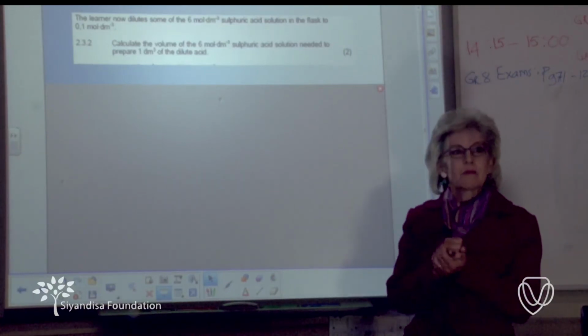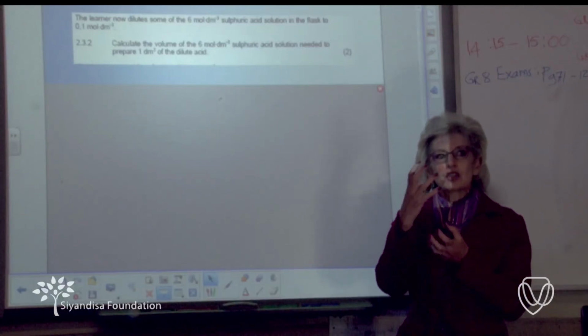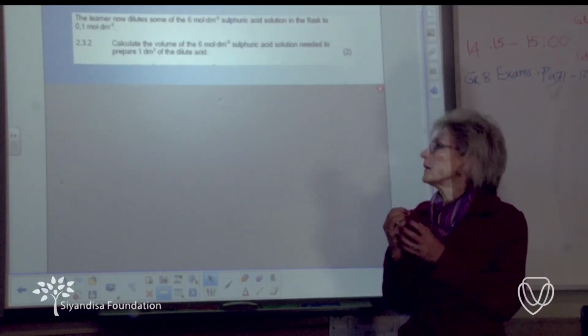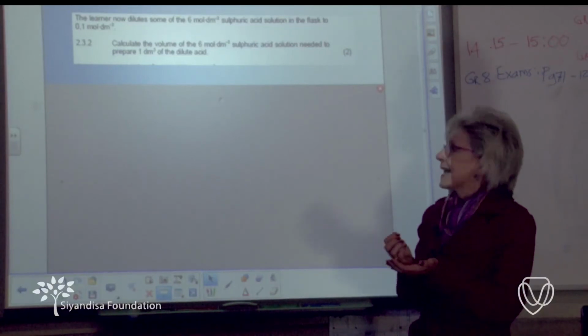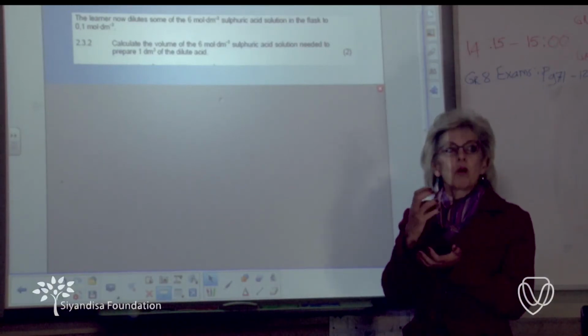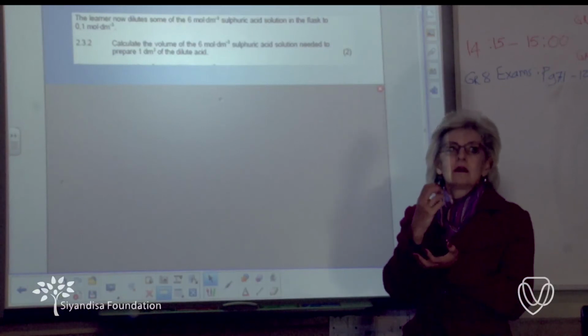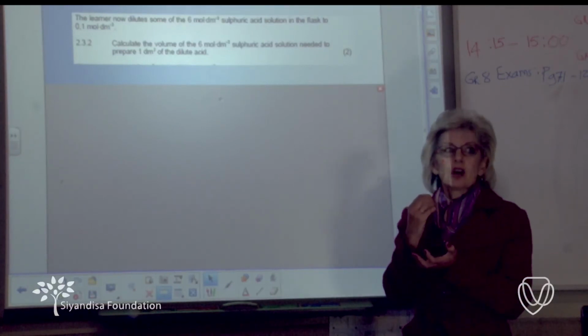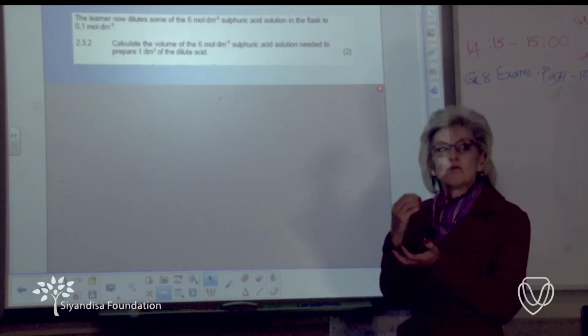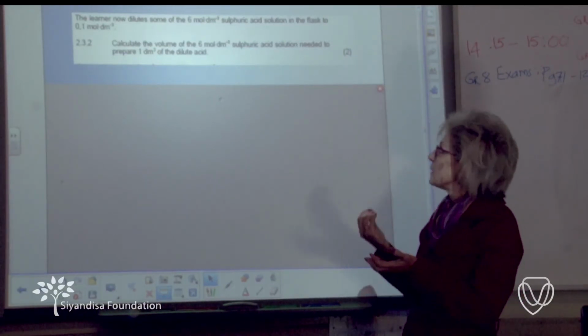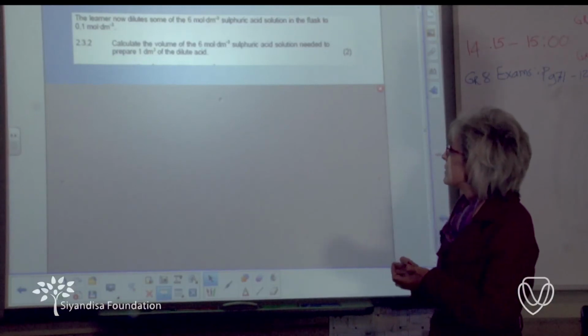So what you need to remember is if you take a certain volume out of the initial 6 mole per cubic decimeter container, the number of mole in that smaller amount stays constant, whether you add water to it or not. The number of mole, in other words, the actual chemicals in it, that remains constant.